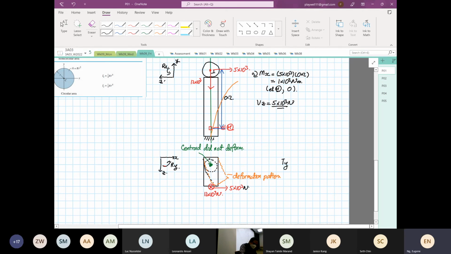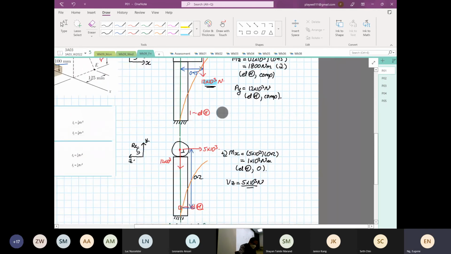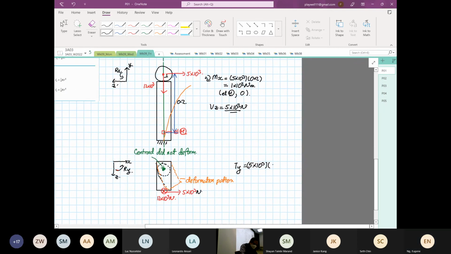The torque about the y-axis is equal to 5 times 10 to the power 3. And the distance is equal to what? Let me see what's the distance. The distance is equal to 0.15. Why?